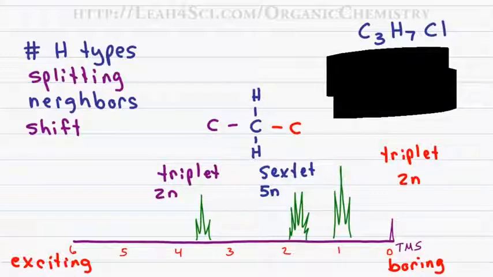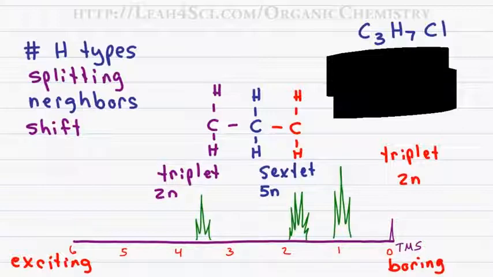The middle carbon has a total of 5 hydrogen neighbors. Given that I have 5 hydrogens left, I know that I have 2 hydrogens on each of the carbons, both to the right and the left. That means that I have my final hydrogen on one terminal carbon and the chlorine atom on the other terminal carbon.